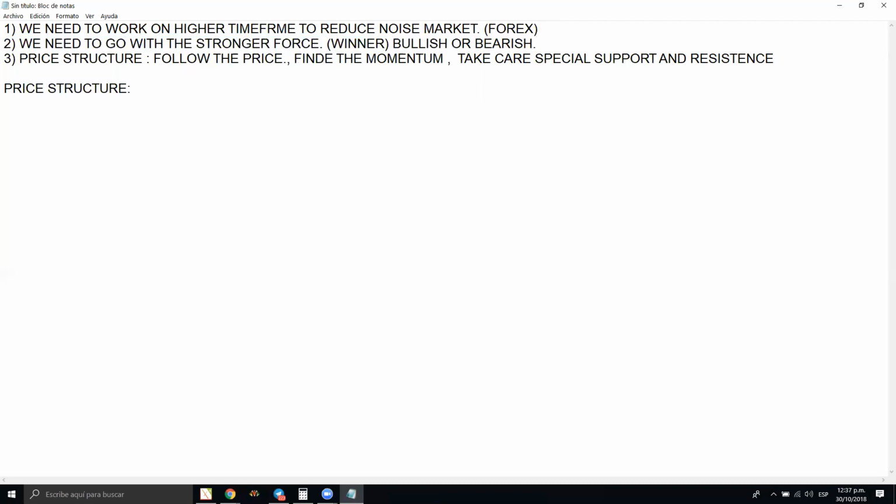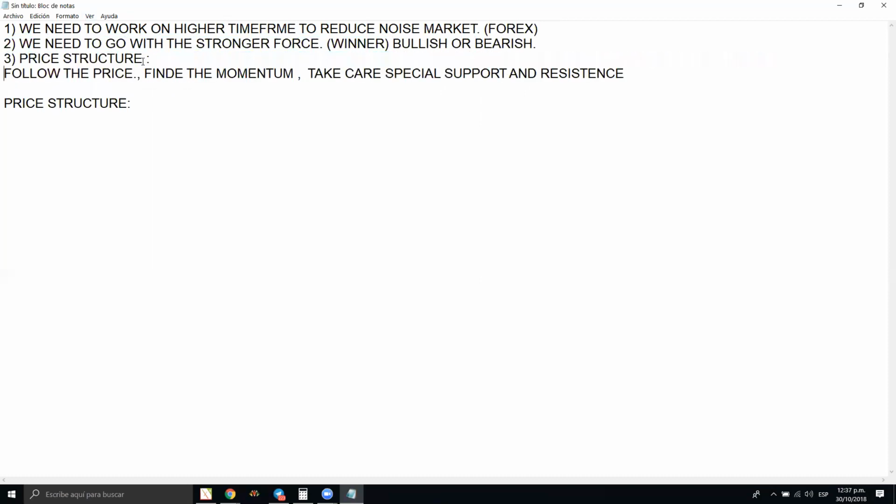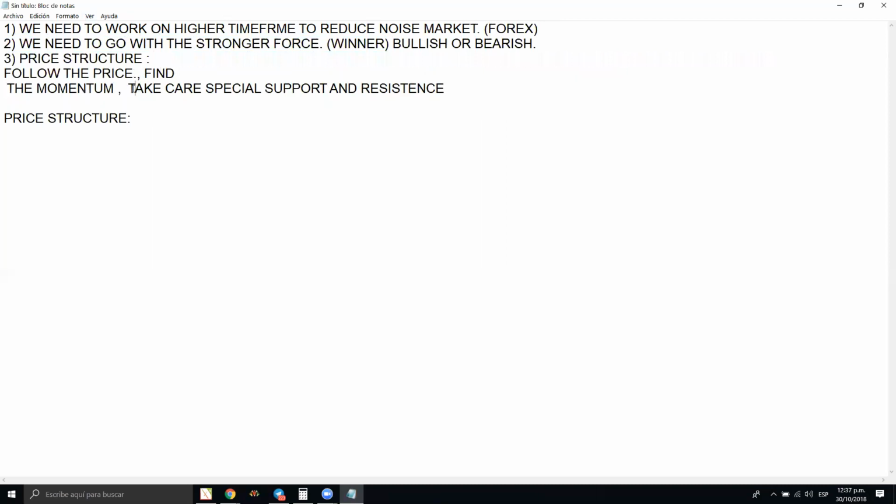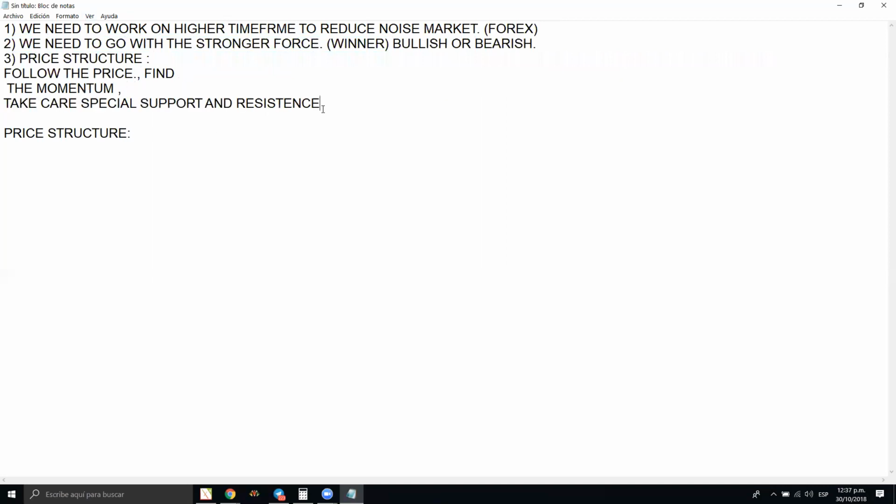I will explain this more. And we need to follow the price structure. Follow the price, find the momentum, and take care about special support and resistance, the range.